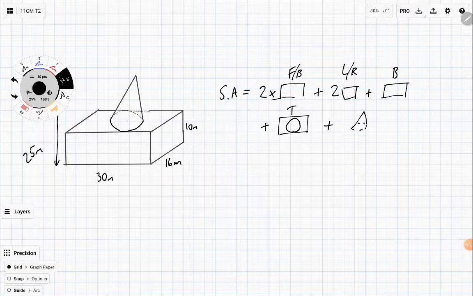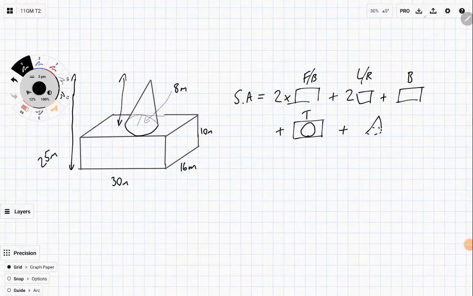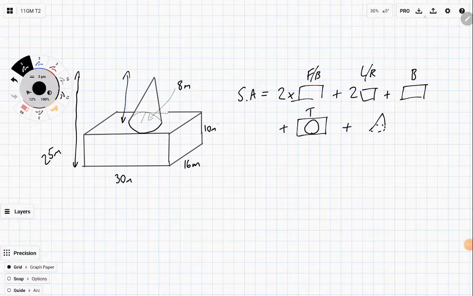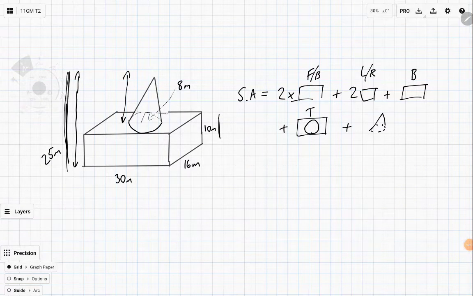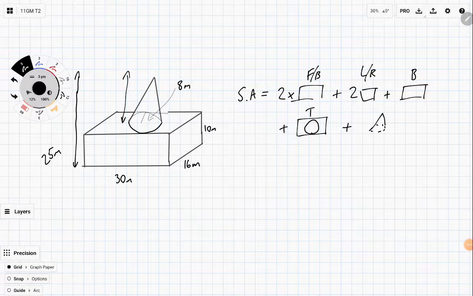So therefore the radius here is going to be half of 16, which is 8 meters. Also, we should work out the height of just the cone. The box is 10 meters and the whole thing is 25 meters, so 25 minus 10 leaves us with a 15 meter tall cone.